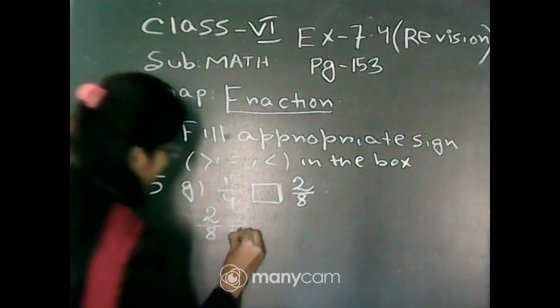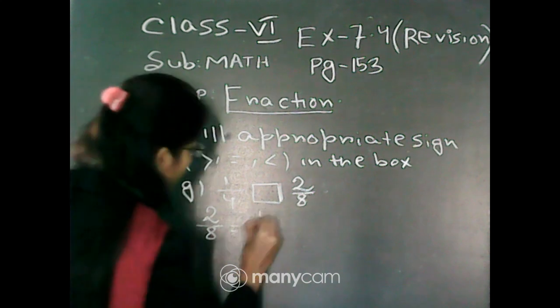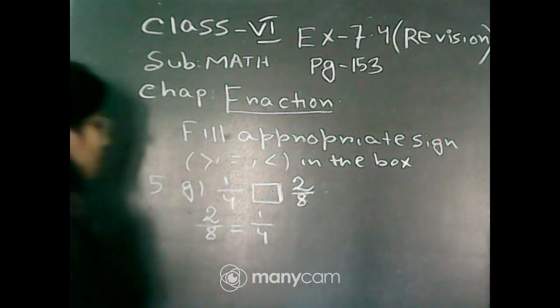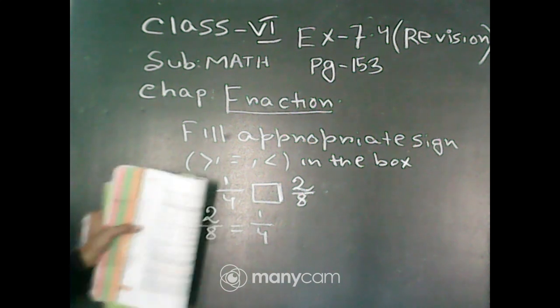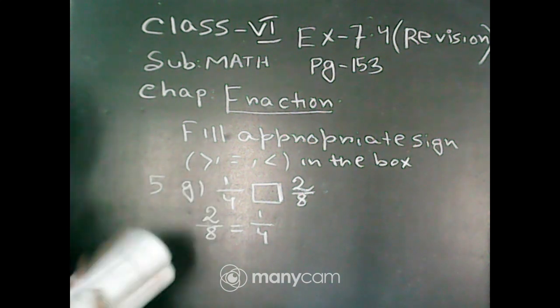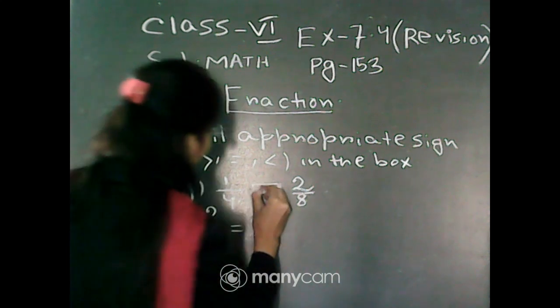Now 2 divided by 8 is equal to 1 by 4. Since the HCF of 2 and 8 is 2, therefore to get the simplest form we divide both the numerator and the denominator by 2 and we get this is equal to 1 by 4. So here these two fractions are equal.